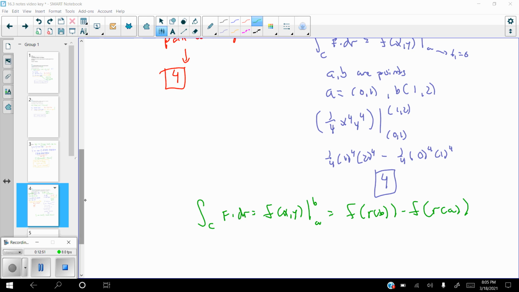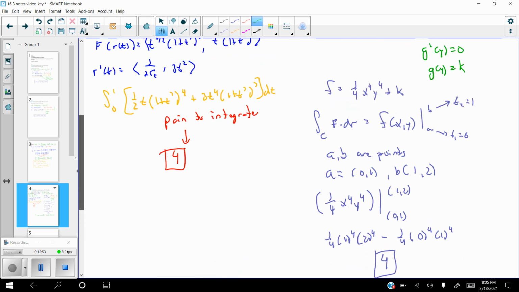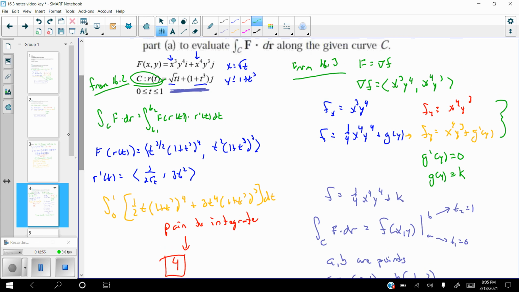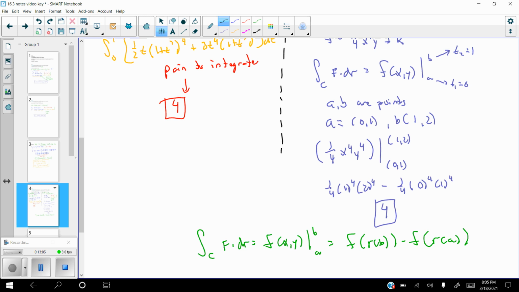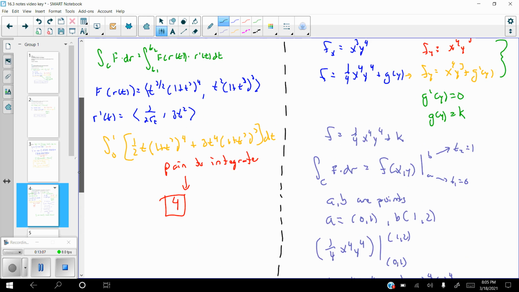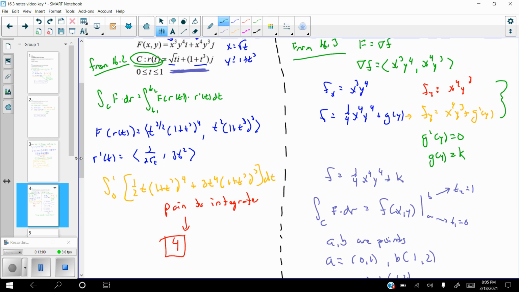What you should hopefully notice, and if you didn't, I'm going to spell it out here for you. Look at the way we did this in 16.3. I'm going to put kind of a dotted line down here just to separate this. What you should notice is the way we did this in 16.3 didn't utilize the force vector at all.